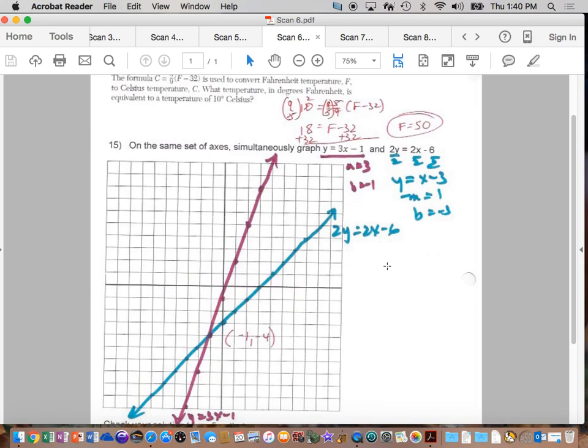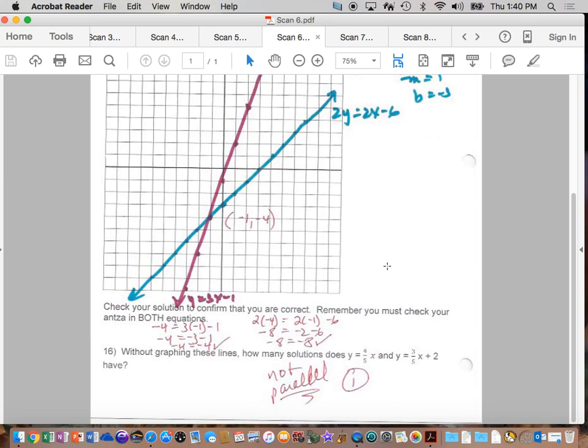Any questions? Here's the last part. That check's in there, remember? Whenever you do a check, you have to check both answers in both equations.